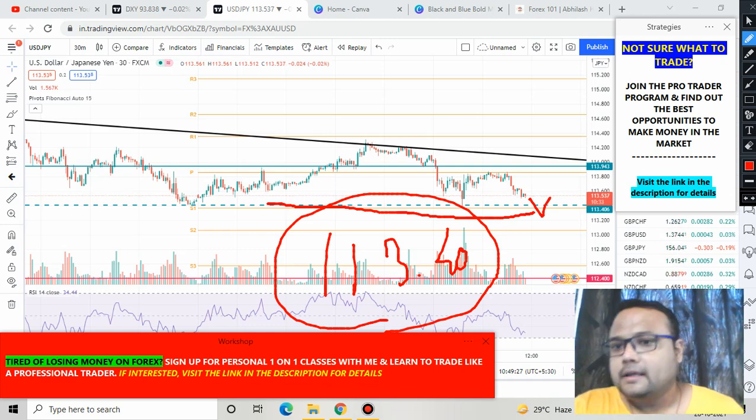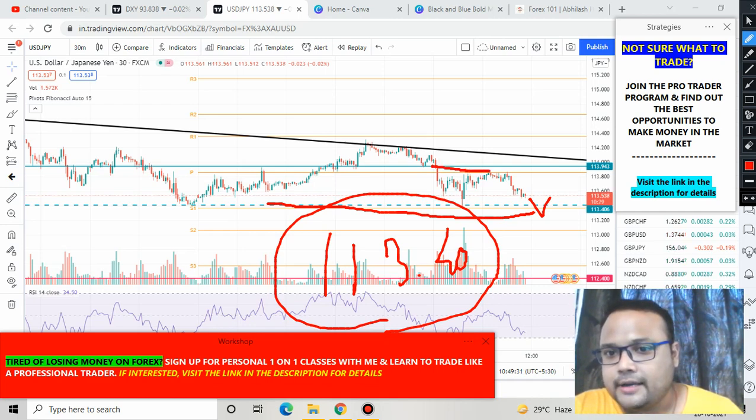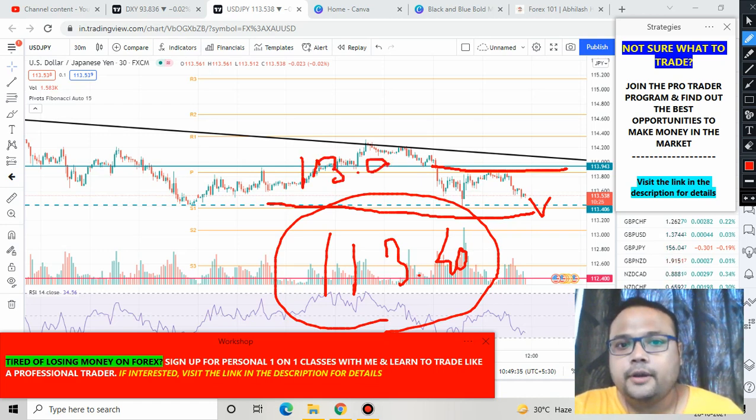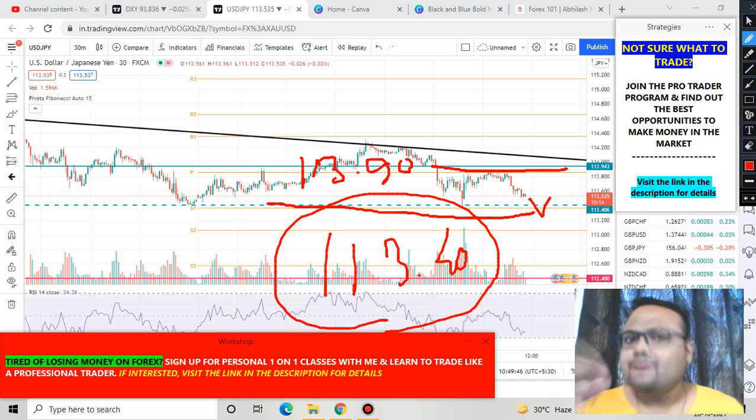Clear? The second trading opportunity is the level of 113.90. Right now the market is in consolidation, so obviously we have a resistance as well. We have a resistance in the form of this horizontal line at the 113.90 level.